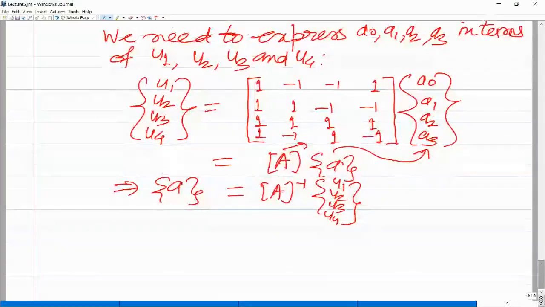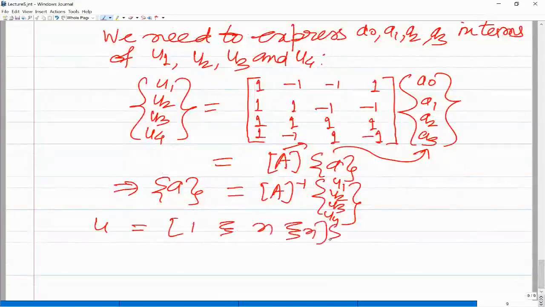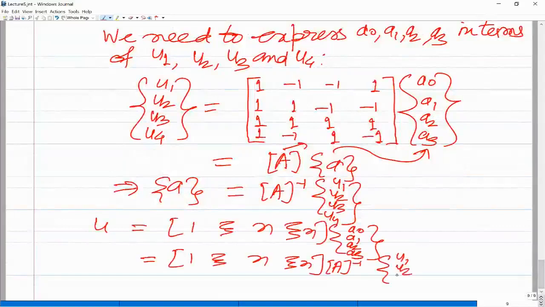So finally, u, which is written as 1, xi, eta and xi eta into a0, a1, a2 and a3, can be written as 1, xi, eta and xi eta into A inverse into u1, u2, u3 and u4.